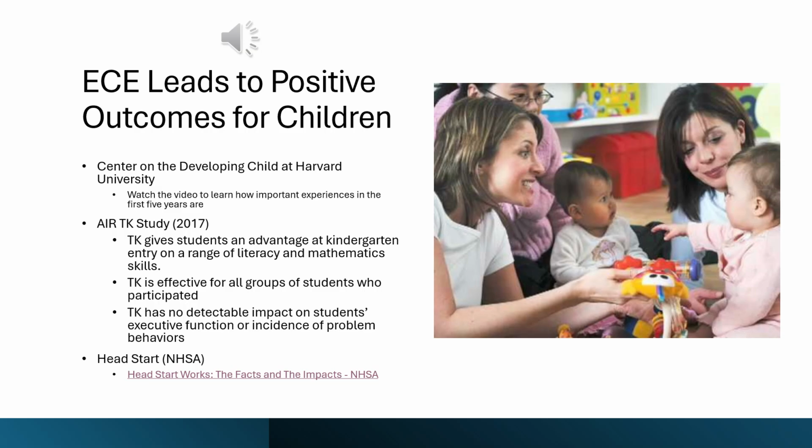And so when California started doing transitional kindergarten, AIR collected data on the children that were going to transitional kindergarten and the experiences that they had, and they found that overall kids did well in transitional kindergarten, that they had kind of a leg up coming into kindergarten on literacy and mathematics, and that it was effective for all groups of children. So it didn't matter income, race, language, etc.